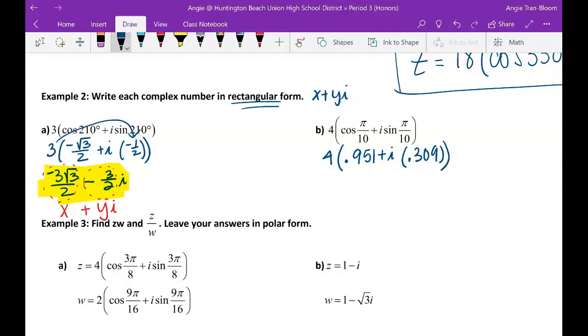Now we are going to distribute the 4. In rectangular complex form, the radius isn't factored out, so we have to multiply it back.